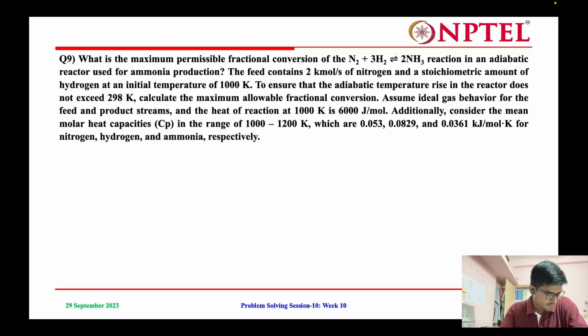Heat of reaction, 6000 into x, and alpha, okay.